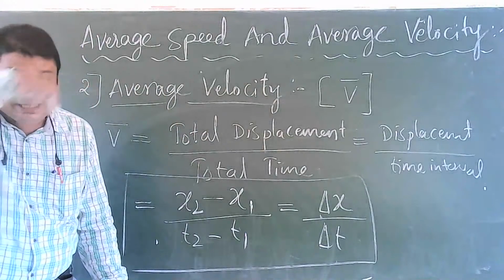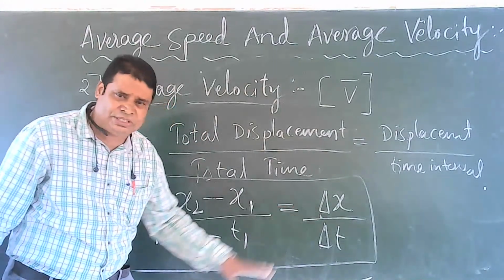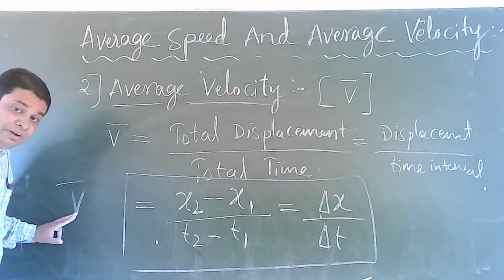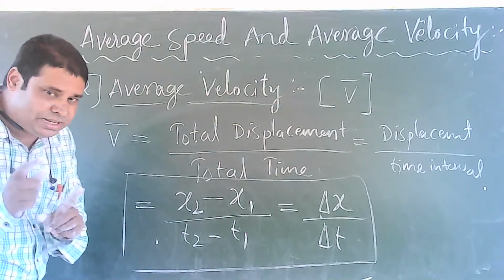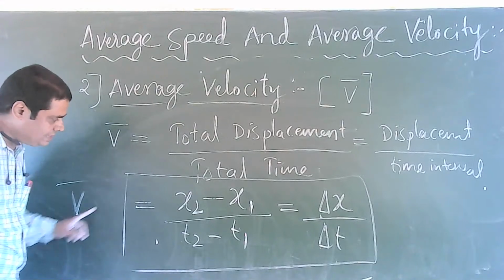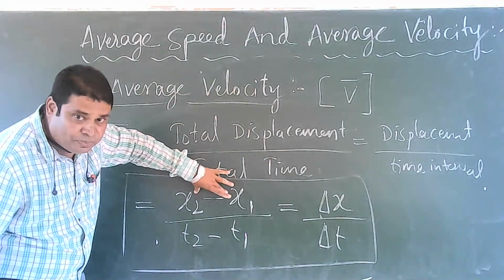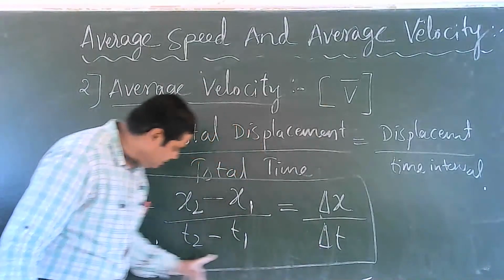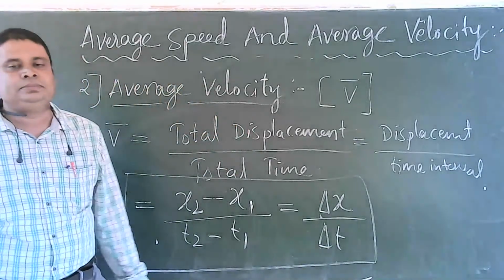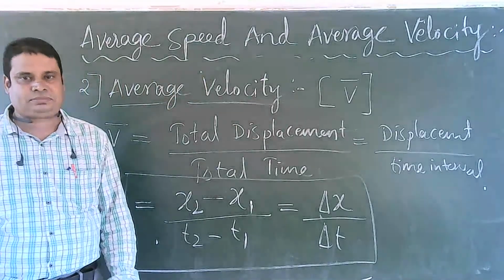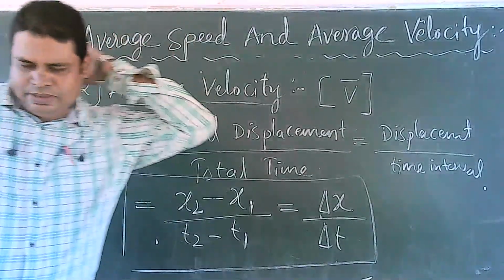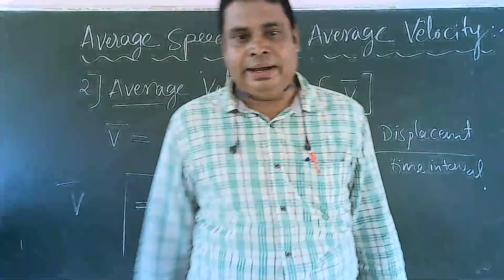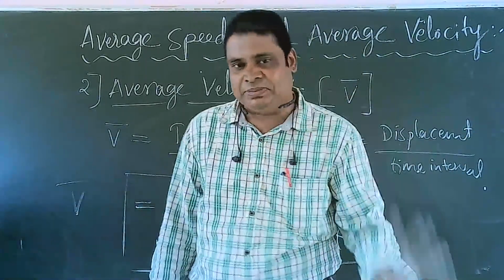Very simple definition. Let me repeat, listen carefully: average velocity is defined as change in position or displacement divided by time interval delta t, which is exactly given in your textbook.